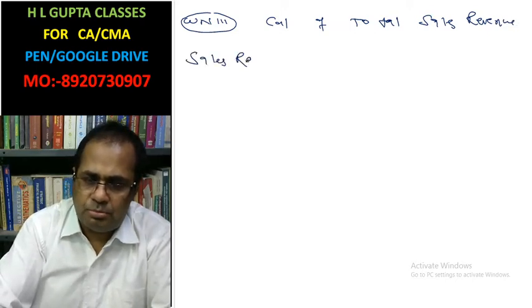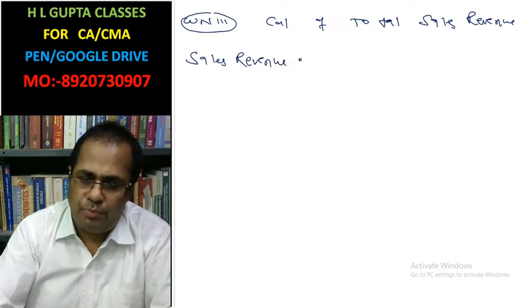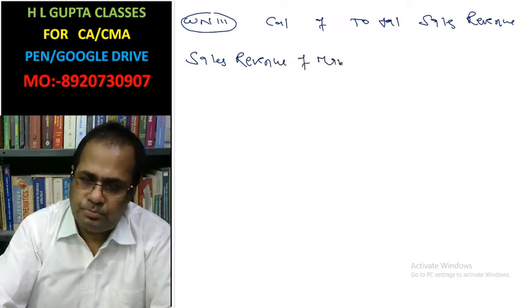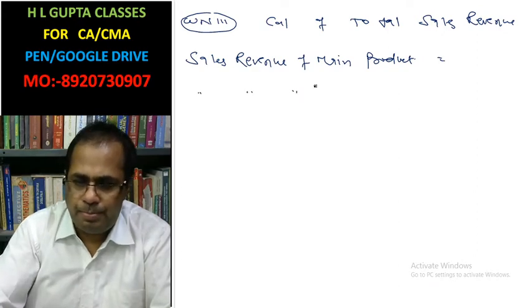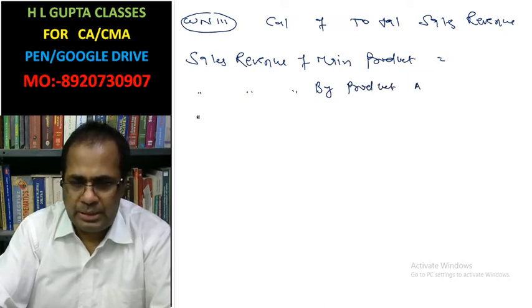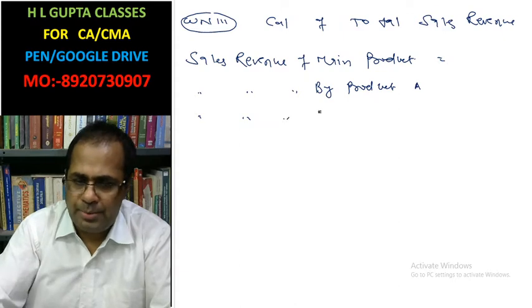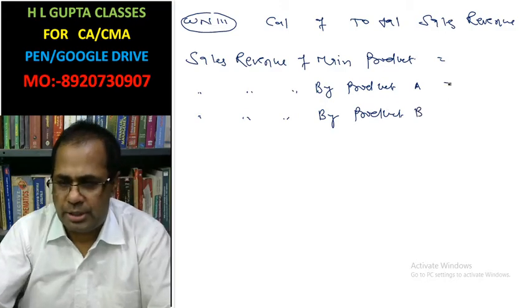Sales revenue of main product, sales revenue of byproduct A, sales revenue of byproduct B. Look at here.